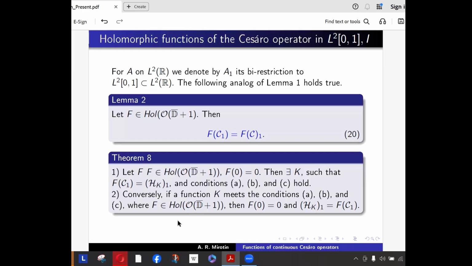Conversely, if a function K meets the conditions A, B, and C, and in the condition C, F is holomorphic in some neighborhood of the spectrum of operator C1, in some neighborhood of the shifted unit disk, then F of 0 equals 0. So this condition, F of 0 equals 0, is necessary. And we get the same fact that the B restriction of HK is the holomorphic function F of C1.